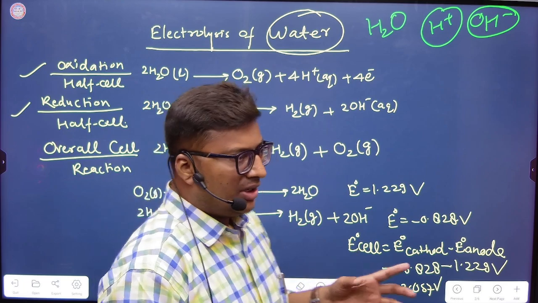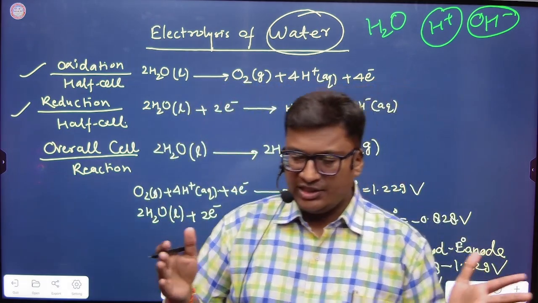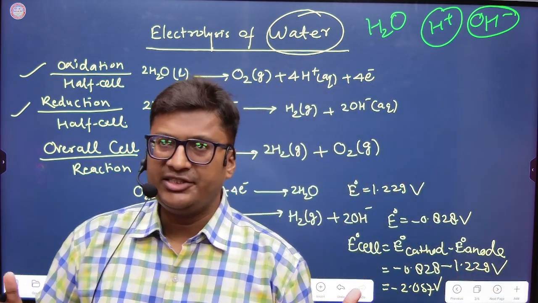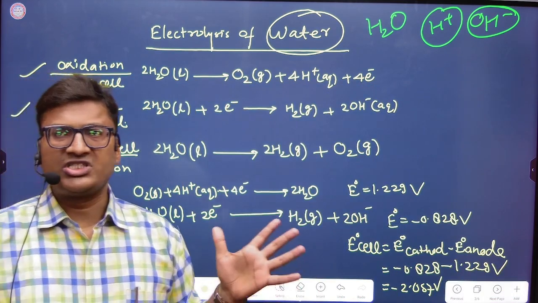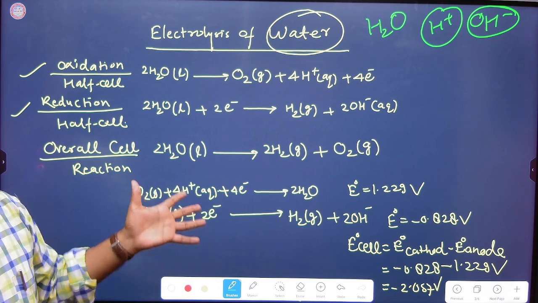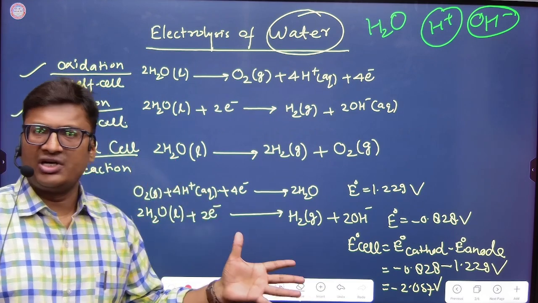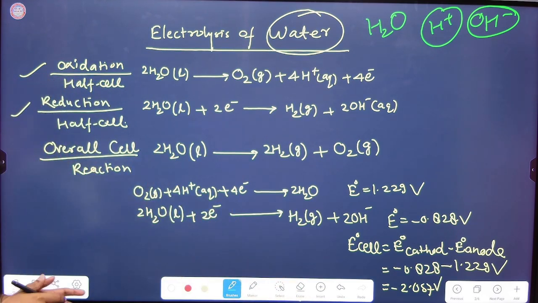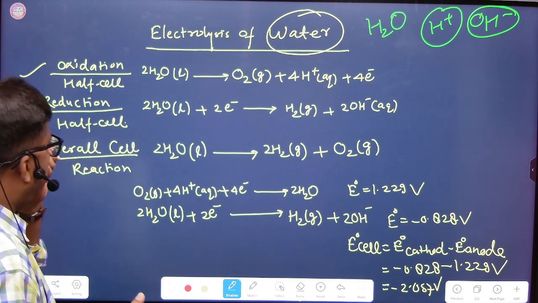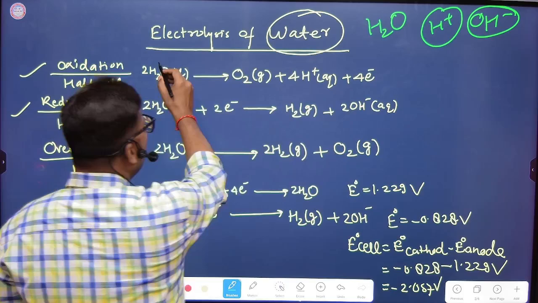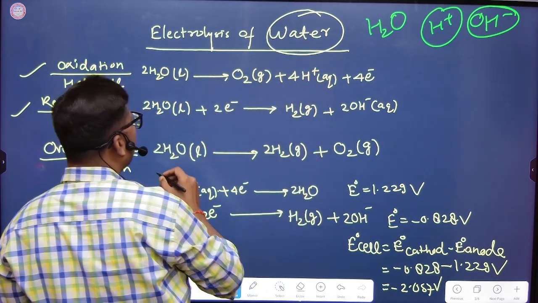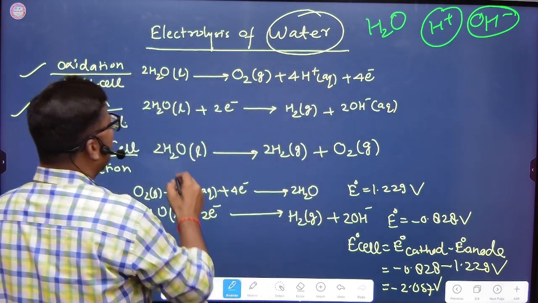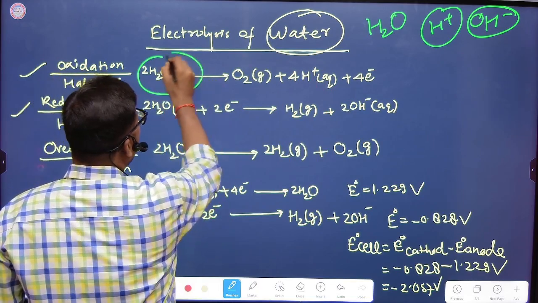So the focus or central theme of the electrolytic cell is to produce oxygen gas and hydrogen gas through the decomposition of water, right? So suppose in case of water, what happens? Water exists as liquid.